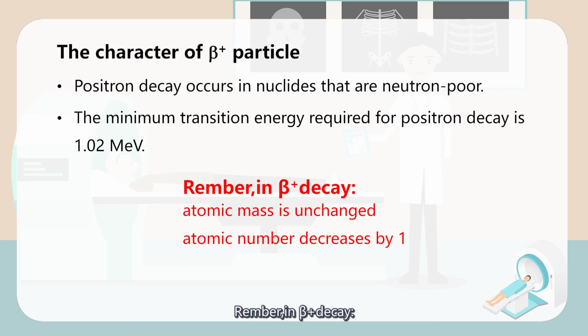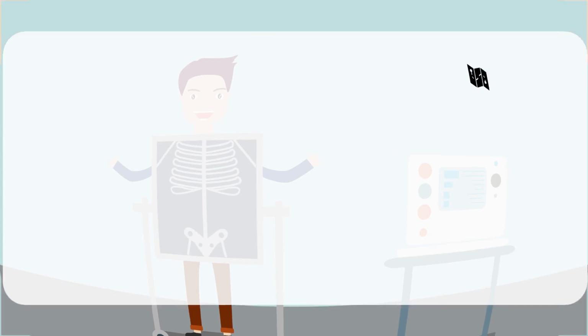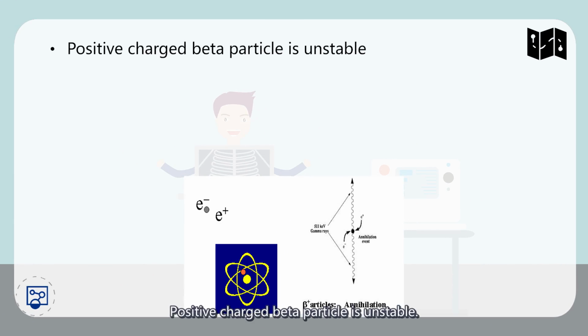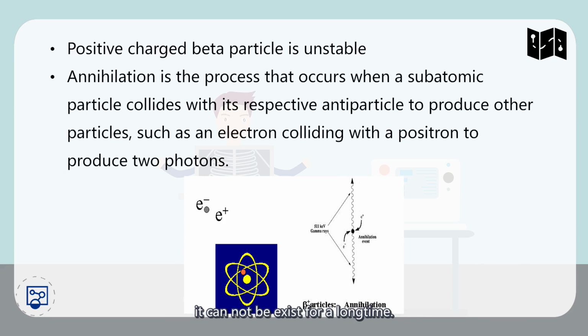So remember that in positron decay, atomic mass is unchanged and the atomic number decreases by 1. It is worth noting that the positively charged beta particle is unstable. It cannot exist for a long time. Positron emission is usually followed by annihilation.